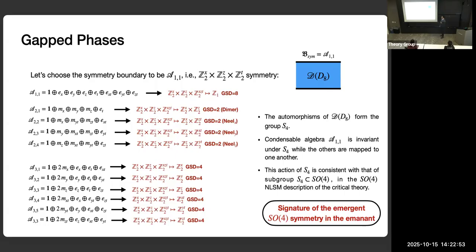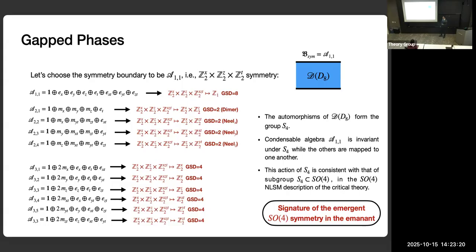Now, there is this description of the critical point in terms of SO4 nonlinear sigma model, because it can be realized as a multi-critical point between 3 Néel phases and 1 dimer phase. As I said already, the continuum theory has an emergent SO4. This S4 action on these gapped phases exactly matches the S4 subgroup of this SO4 nonlinear sigma model.